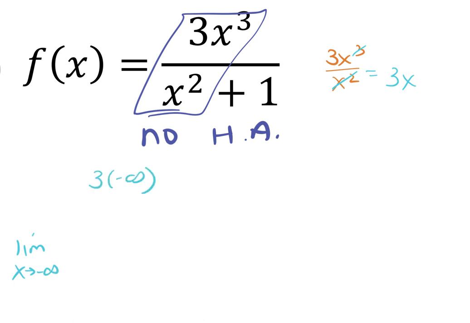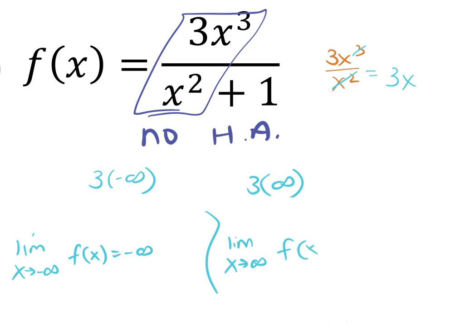What happens when I multiply negative infinity by 3? Still negative infinity. F of x would equal negative infinity. The limit as x approaches positive infinity, I plug in positive infinity. And 3 times positive infinity, positive infinity.